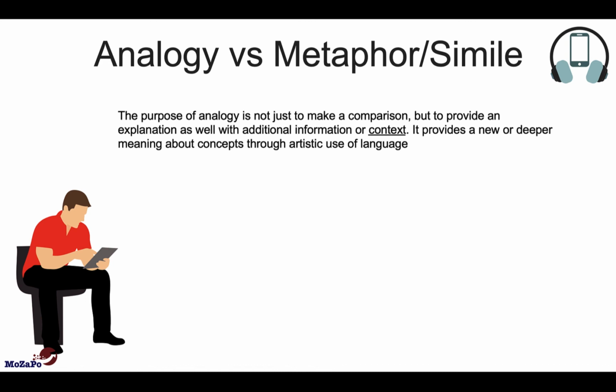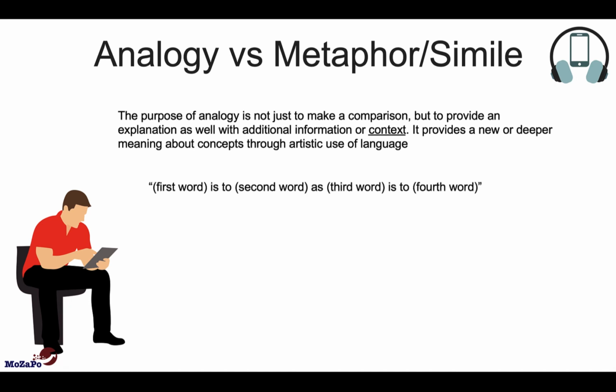Now, the difference between analogy and metaphor or simile. The purpose of analogy is not just to make a comparison, but to provide an explanation as well, with additional information or context. So here we have the context in analogy. It provides a new or deeper meaning about concepts through artistic use of language.